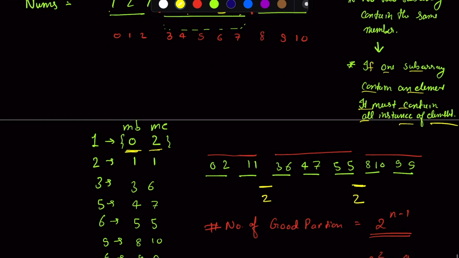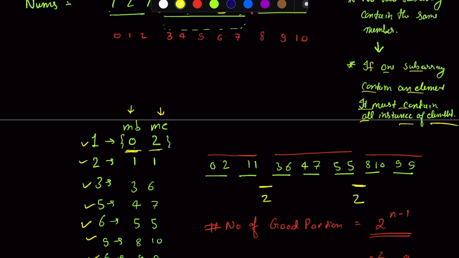For that we can use two maps. One will store the beginning index, and one will store the ending index. Let that map be called MB, which is for beginning, and ME for end. For each element in the array, we can calculate the beginning and the ending index. We will see in the code how to do that.